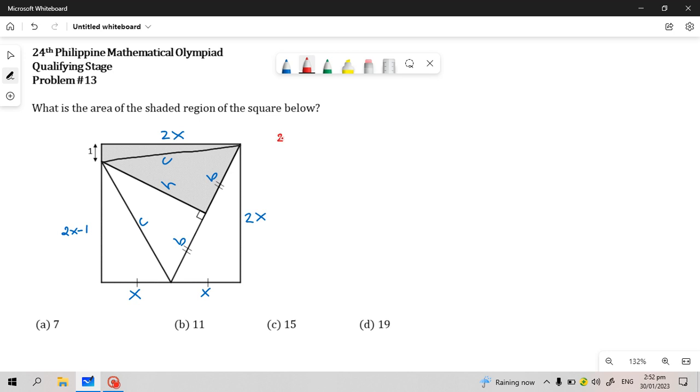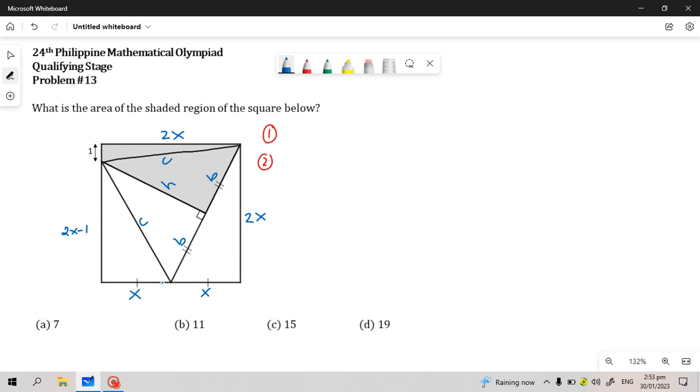First, we have c squared from this right triangle. Take note, this is a right triangle because this is a square and all interior angles are 90 degrees in measurement.